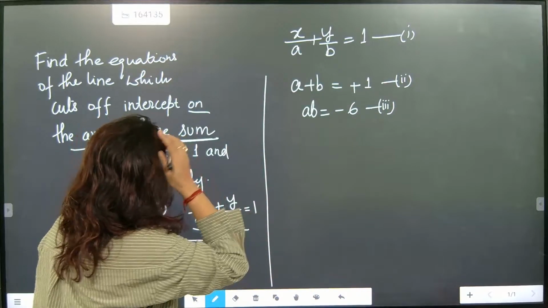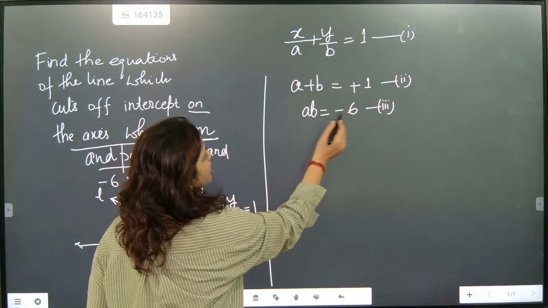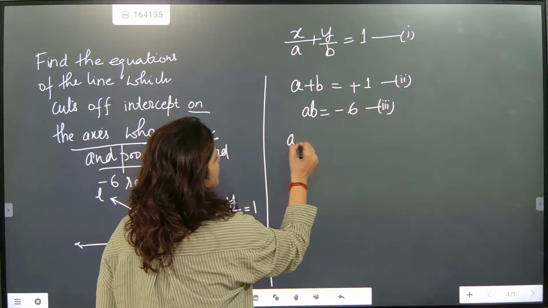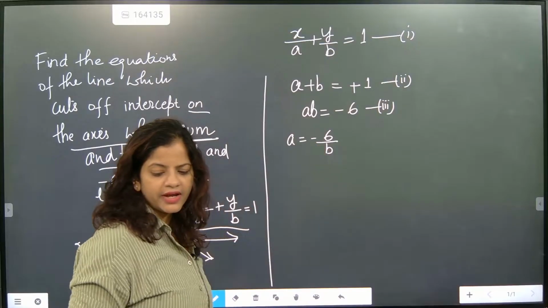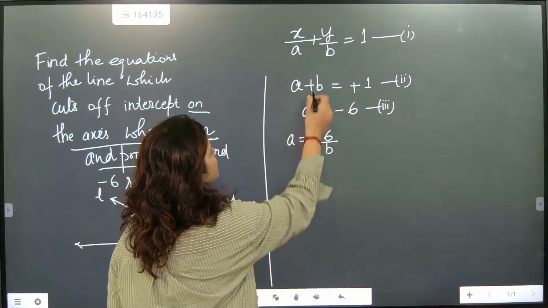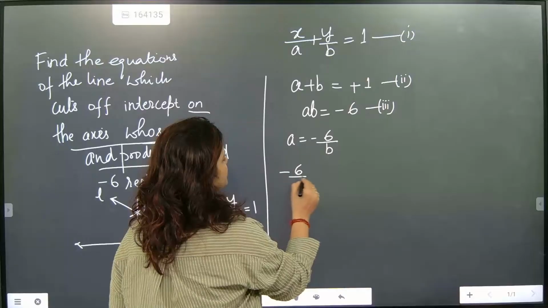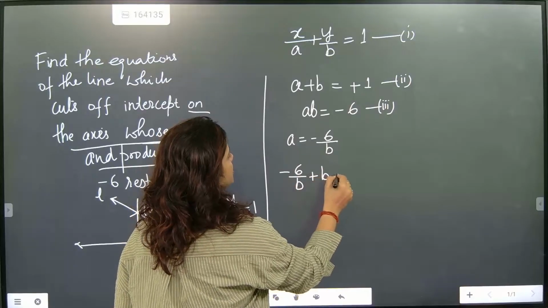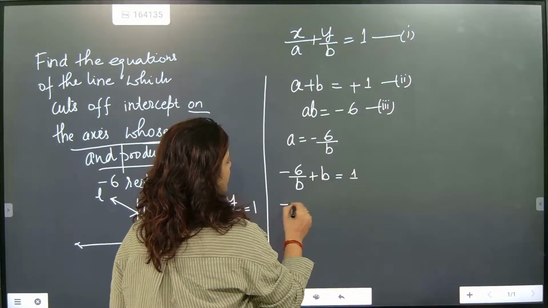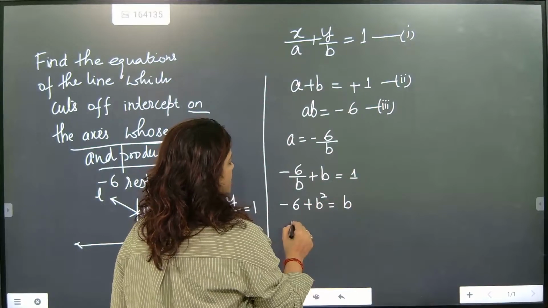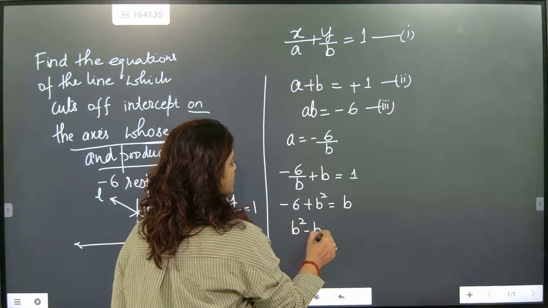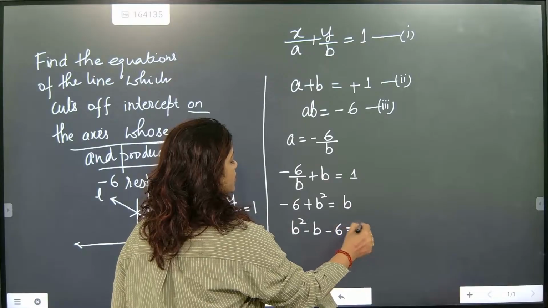Now what work we are going to do is, we can use equation 3 and write a is equal to minus 6 by b, and we are going to substitute here. So minus 6 by b plus b equal to 1. Minus 6 plus b square equal to b. So b square minus b minus 6 equal to 0.